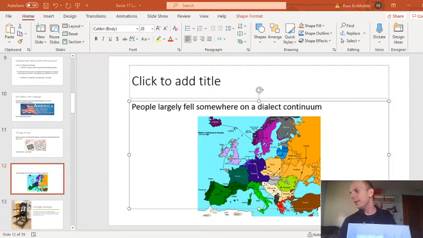All these Romance languages, where everybody along this line, this is our A, B, C, D, E, F, whatever, understands the next village over, but people in Portugal, in Lisbon, will not understand people in southern Italy. No mutual intelligibility. That's the idea of a dialect continuum. And there are other ones too, from Germany through to the Netherlands, etc. At a bunch of different places, these sorts of dialect continua exist.